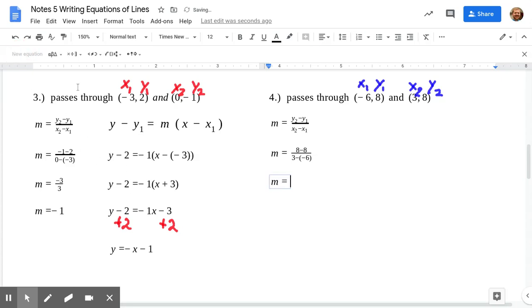So we have m equals 0 over 3 minus -6 means 3 plus 6. So we get 0 over 9, but that's rather irrelevant. It doesn't matter how high of a value or low of a value that's in that denominator. As long as it's not 0, 0 divided by any number is going to be a final result of just 0. So we have an equation of m equals 0, or a slope of m equals 0.